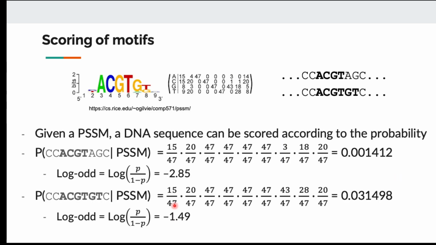So the first: if someone gives you, if a paper gives you this motif for a protein, and you have your sequencing reads for your ChIP-seq data, how can you score it? How can you say whether my sequencing data contains this pattern or not?